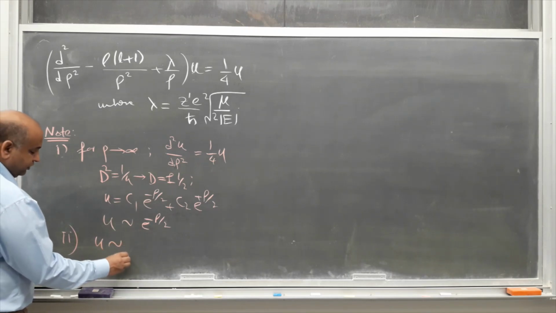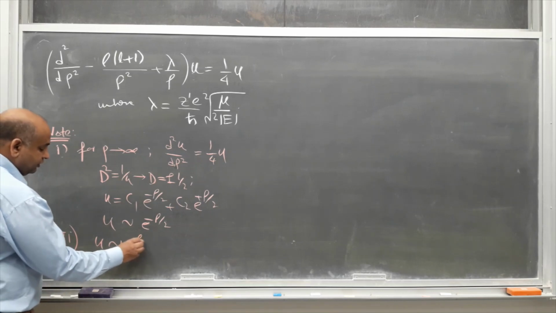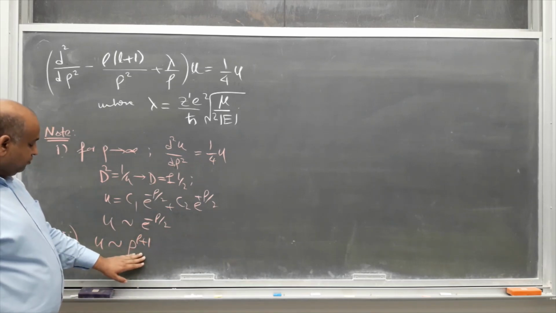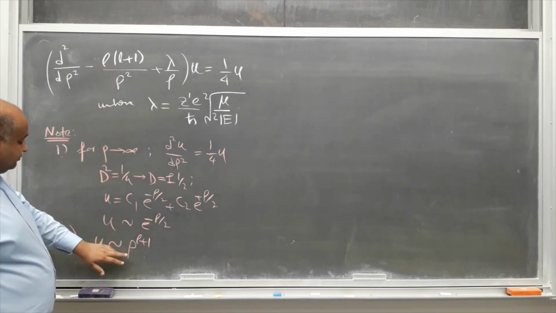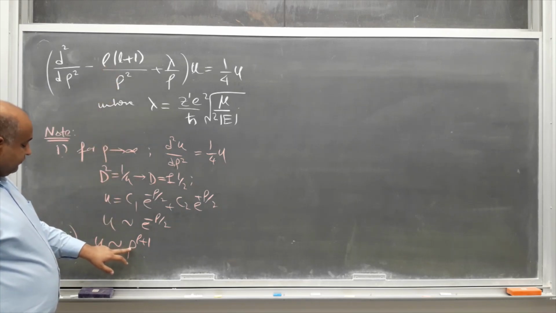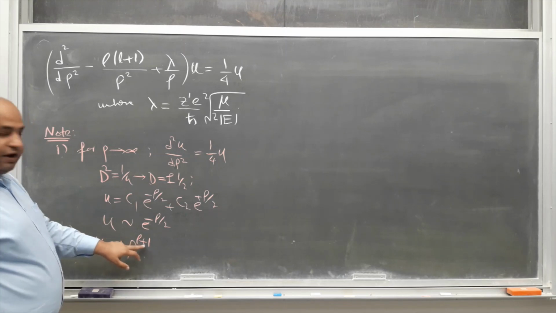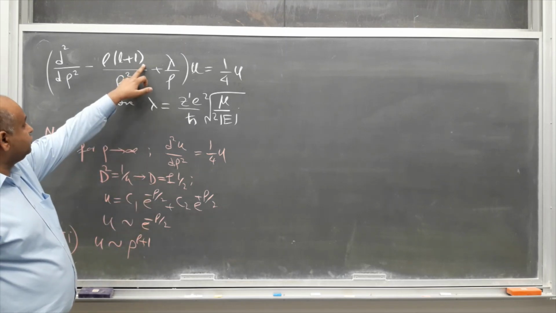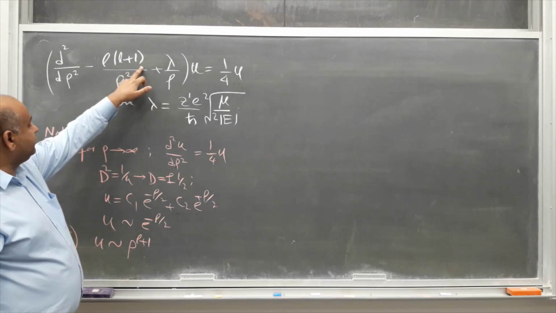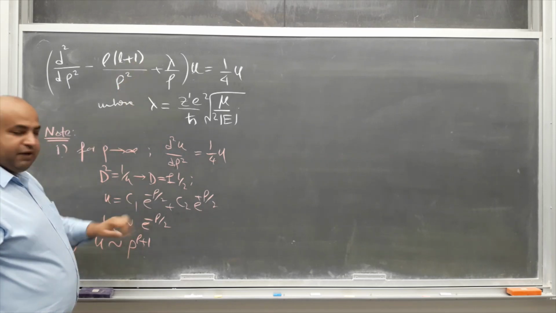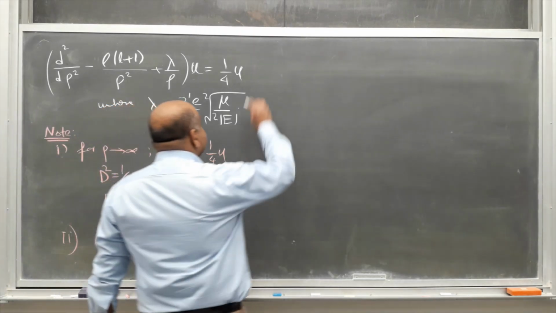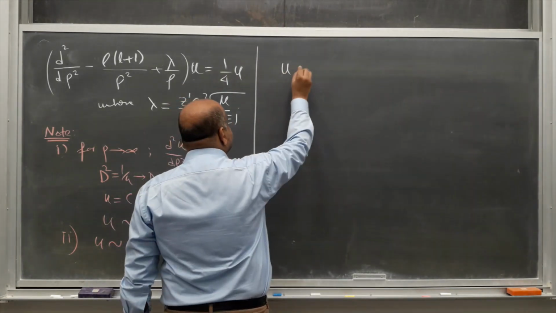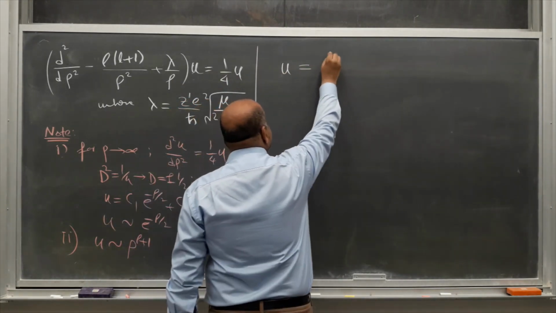So our u should be something like rho power L plus 1. Because when it is rho power L plus 1, I take its two derivatives, I will get L plus 1 into L, and after two derivatives, I will have rho power L minus 1. And similarly, if this u is here and you divide by rho square, it is like rho power L minus 1.